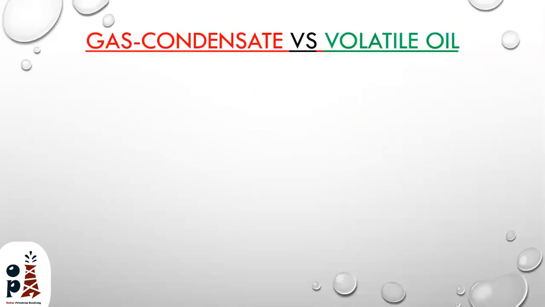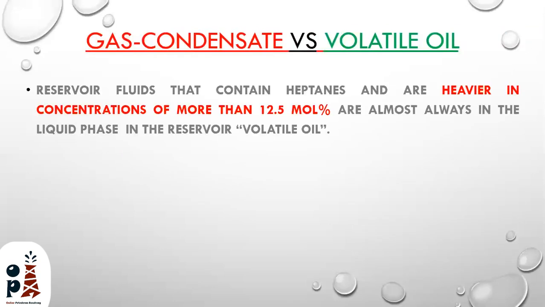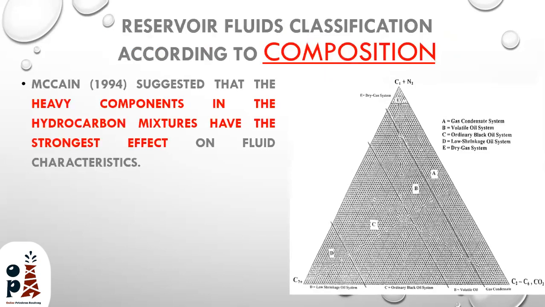To differentiate between gas condensate and volatile oil reservoirs, for composition, the volatile oil contains more than 12.5 mole percent of C7 plus, and the gas condensate contains less than that number. Also, the gas condensate GOR is greater than 3,500 standard cubic feet per stock tank barrel.